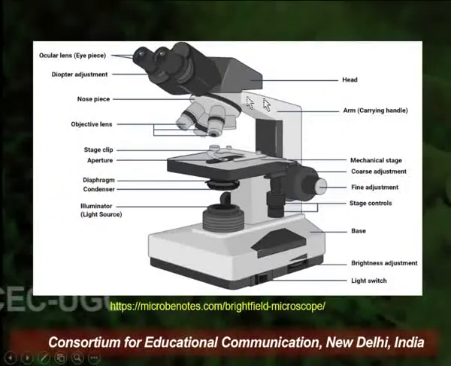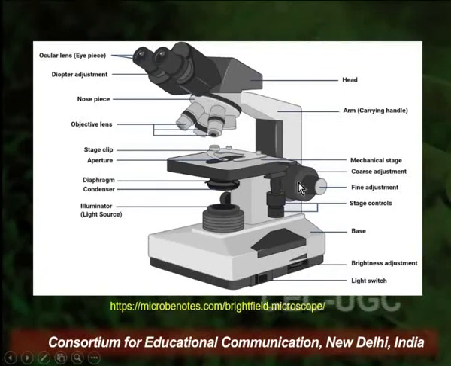Here you can see the basic structure of a light microscope, and a very firm and curved structure which holds almost every component of a microscope. This is called the arm or the carrying handle. The carrying handle holds the objective lens and the ocular lens above the specimen, and it also holds the light source and the condenser lens below the specimen on the lower side.